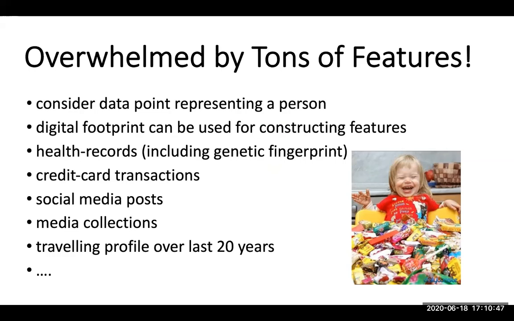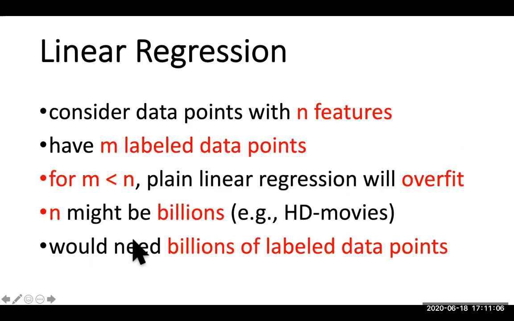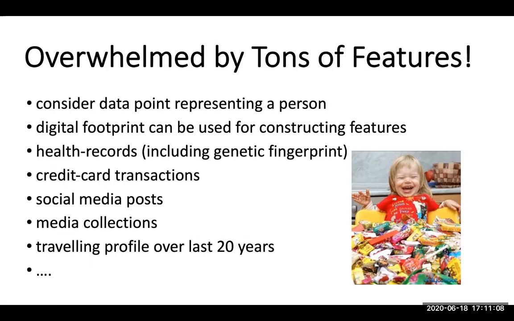All these recordings are features, all the credit card transactions you did, any social media posts you have made, all your media collections, the movie or watch lists on streaming platforms, or your travel profile over the last 20 years. So the number of features is extremely high. It belongs to an extremely high-dimensional space.